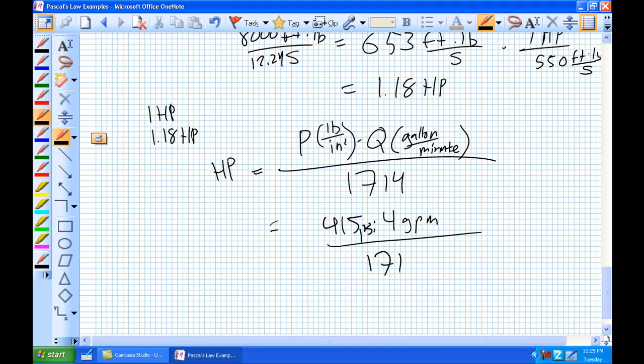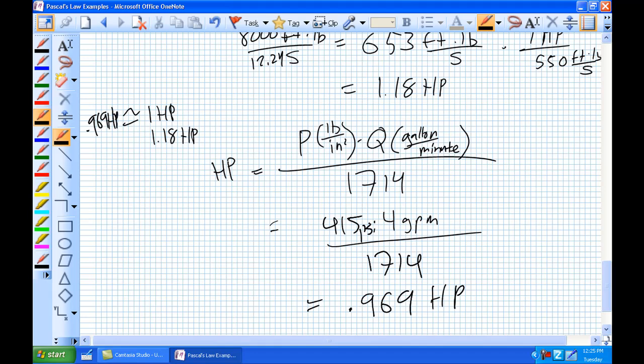Multiply by 4 gallons per minute, divided by 1714, gives 0.969 horsepower, which was what we got earlier, 0.969 horsepower.